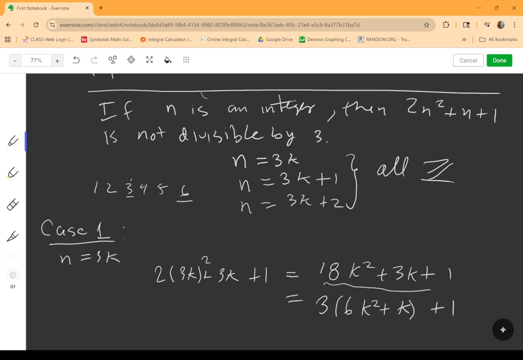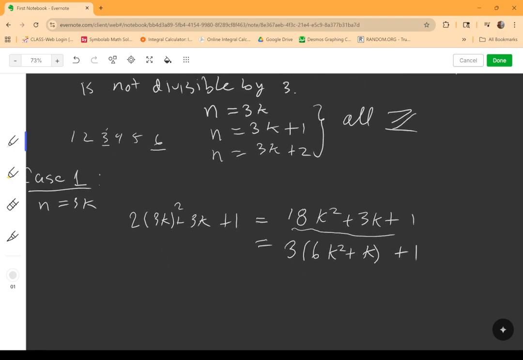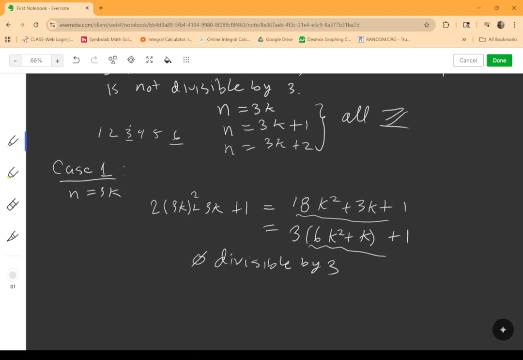Now notice I didn't factor out a k here because I want it in this form, right? Remember, the integers are closed under scalar multiplication and addition. Looking at it in this form, this is an integer, and this is 3 plus 1, so we can see that this is not divisible by 3. Okay, so that proves case 1.